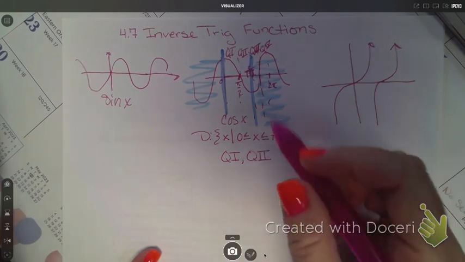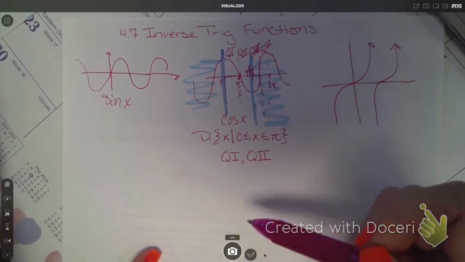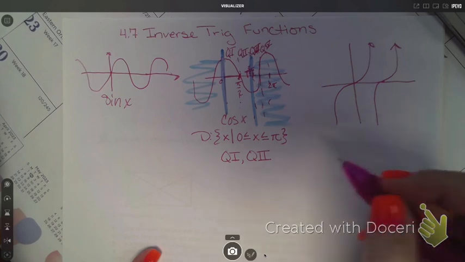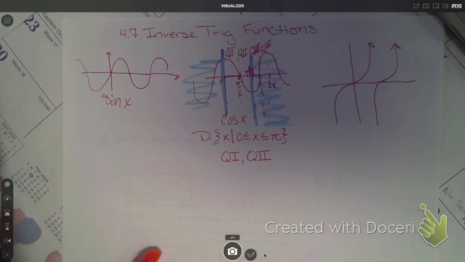So our rules are, in restricting these domains, they have to be consecutive quadrants. What does consecutive mean? Connecting, continuous. So it can't be quadrant 1 and 3, can it? No. And it has to include quadrant 1. So our choices are to reduce it to quadrant 1 and quadrant 2, or quadrant 1 and quadrant 4.